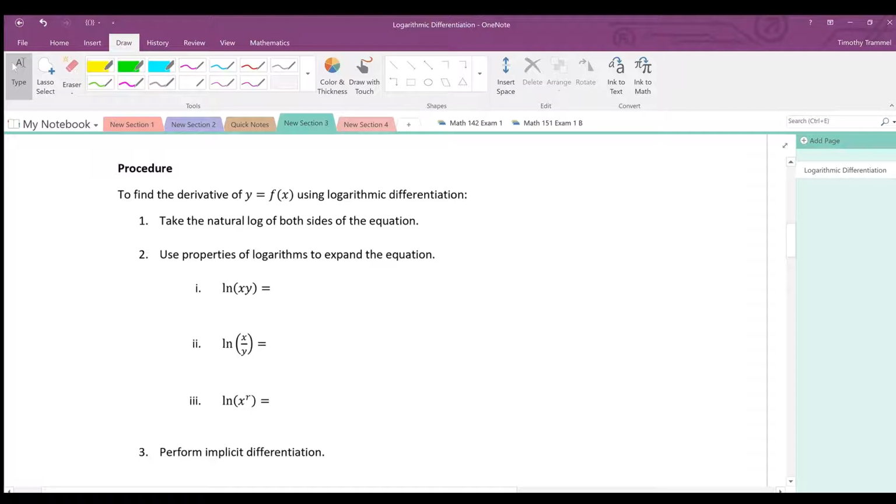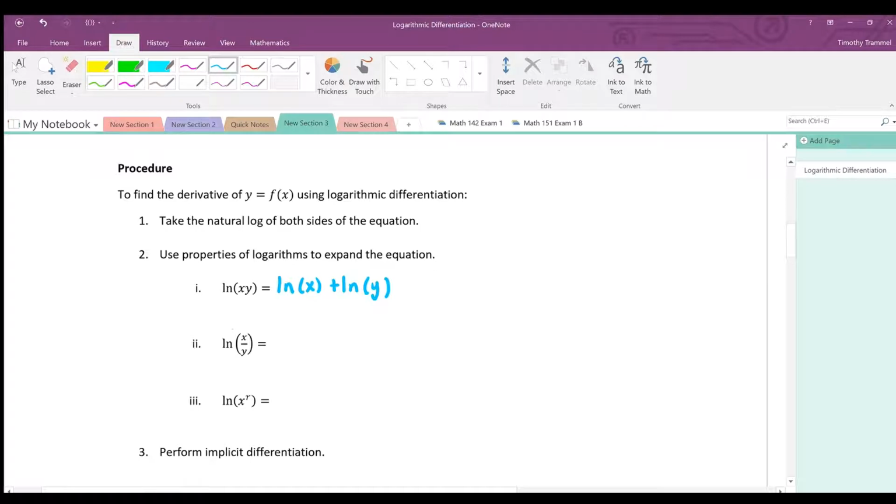Now, after you take the natural log of both sides, you need to know your log properties. So if we have the natural log of a product, we can rewrite the natural log of xy as the natural log of x plus the natural log of y.